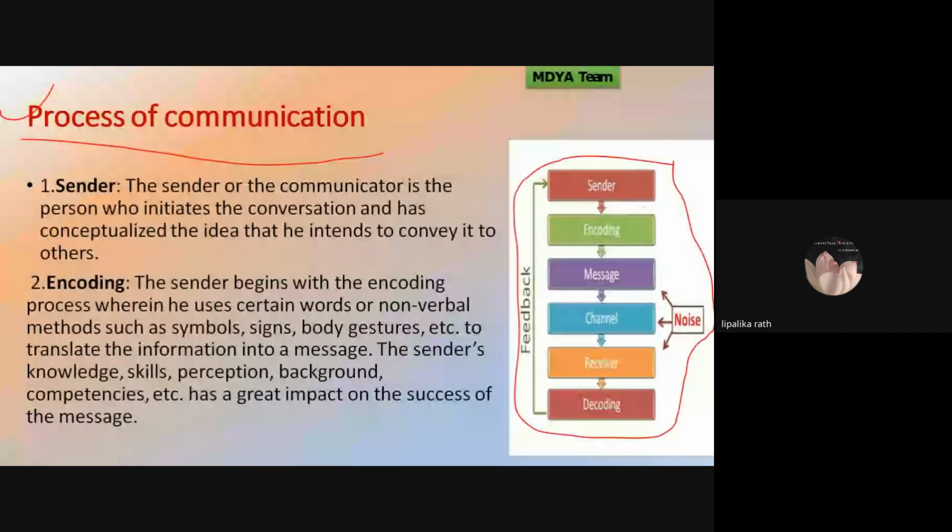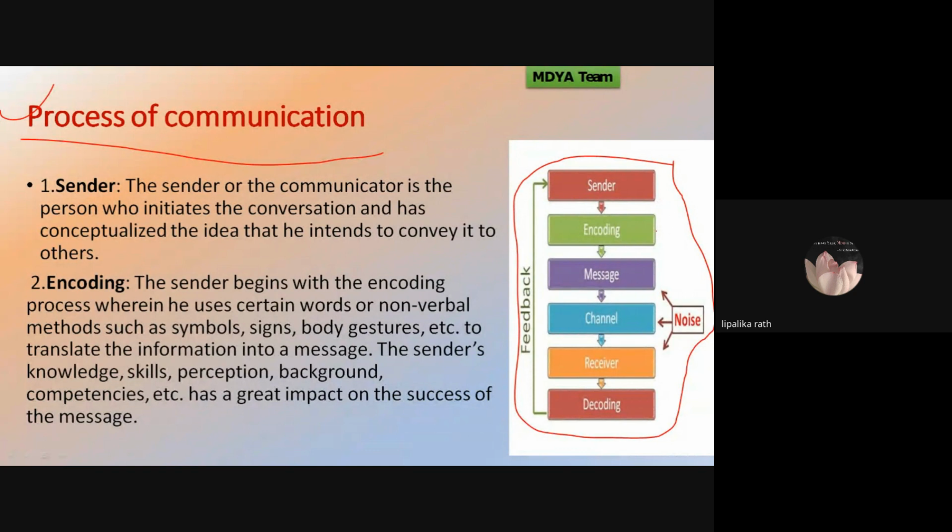Yes, ma'am. For the sender, if he or she wants to express something, first he or she should encode the content or data, anything she or he wants to give.